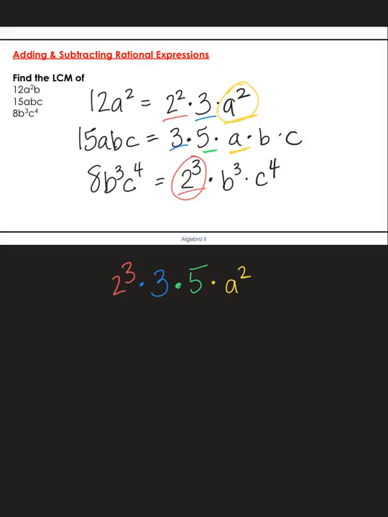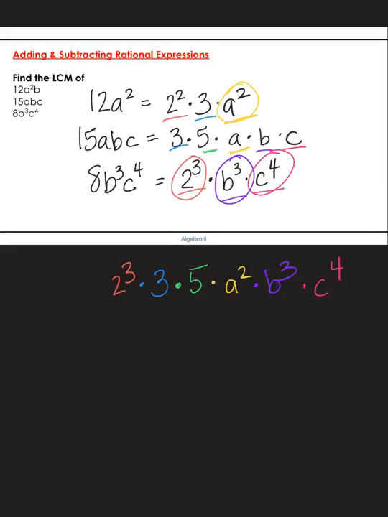And then I have a b and a b cubed, so the highest occurrence of b is b cubed. And then I have c and c to the fourth, and the highest occurrence is going to be c to the fourth. Then I'm going to multiply these all out together.